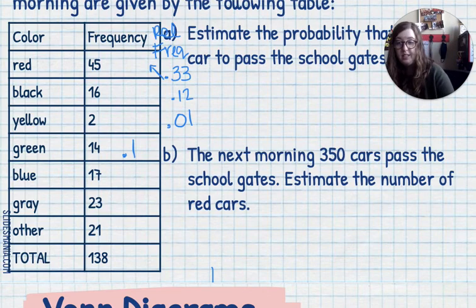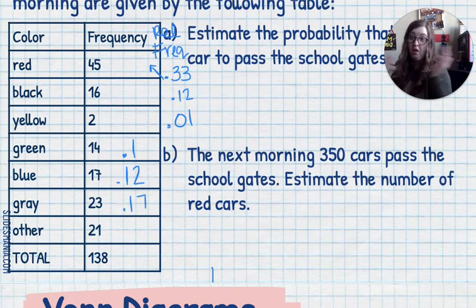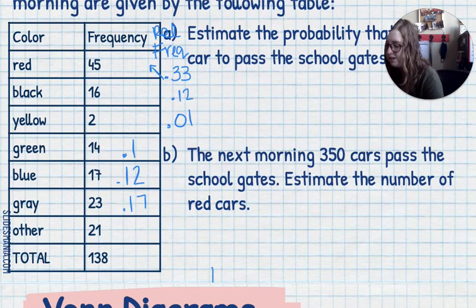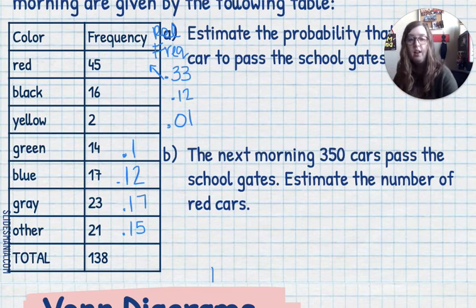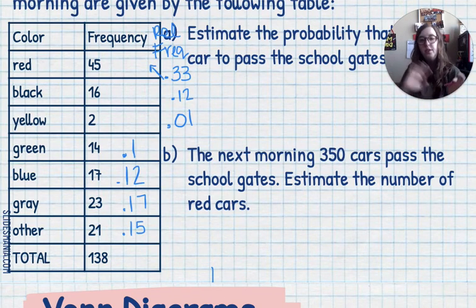Relative frequency of blue, 0.12. Relative frequency of gray, 23 divided by 138. 0.17. And then whatever other cars there are, 21 divided by 138. It's about 0.15. Now, if you add together all of those probabilities, that total is going to become 1.